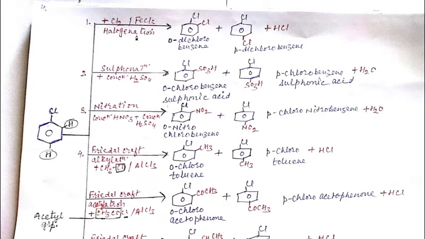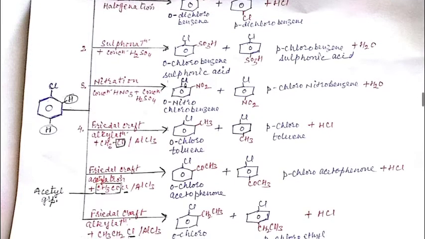First is halogenation, when aryl halide, for example in this case chlorobenzene, treated with any halogen Cl2, Br2, etc. in presence of ferric chloride or ferric bromide, which is a Lewis acid, then chlorine gets substituted at ortho and para position, and in this way we get ortho dichlorobenzene and para dichlorobenzene along with HCl. Hydrogen of this position combined with one of chlorine atom, and in this way we get HCl.